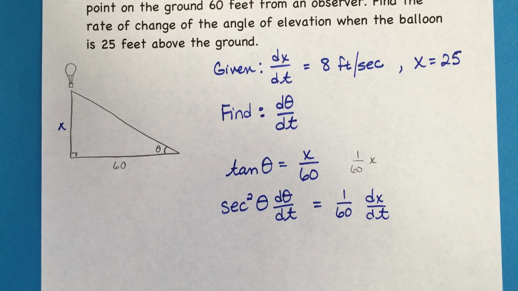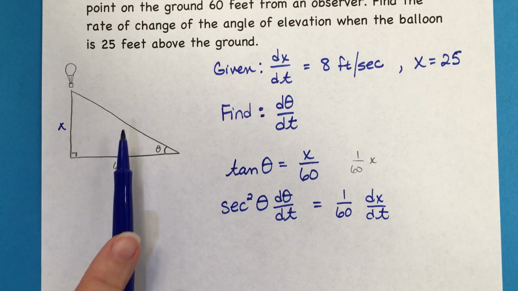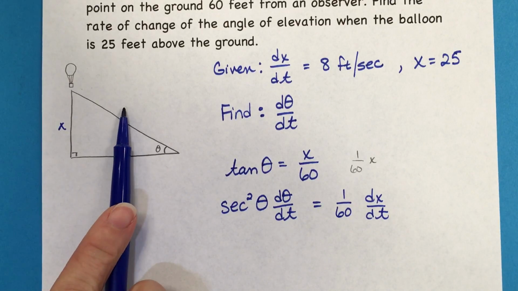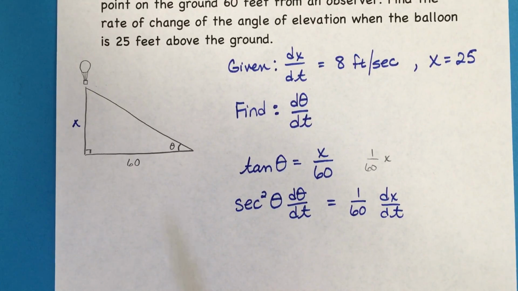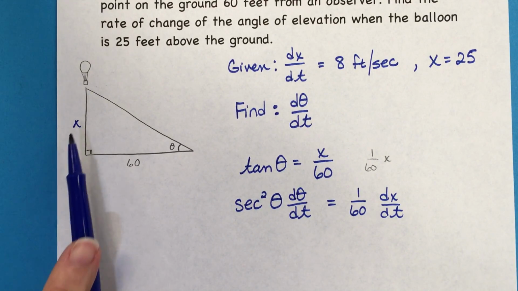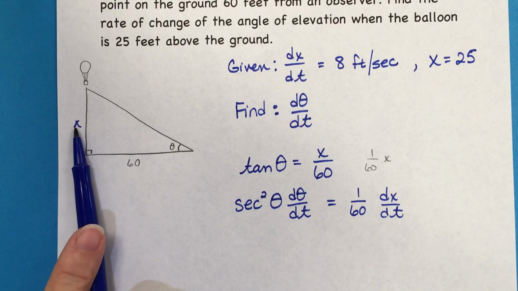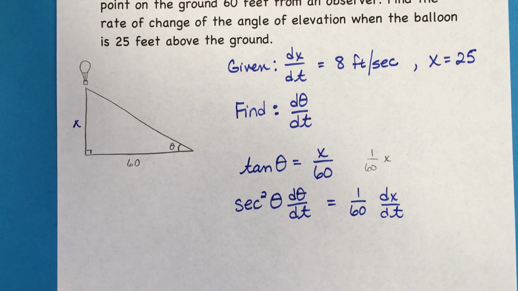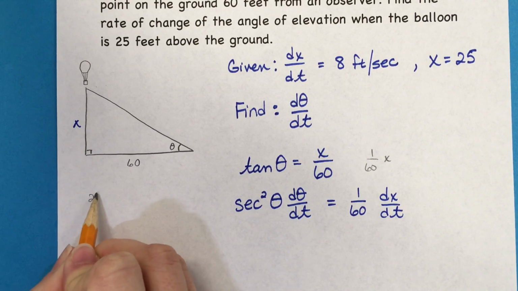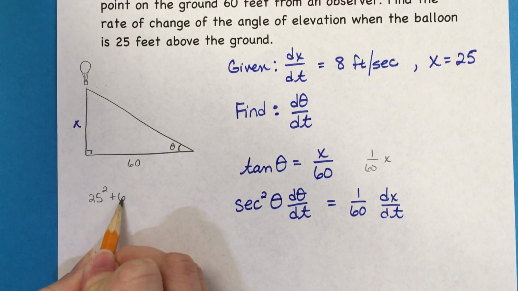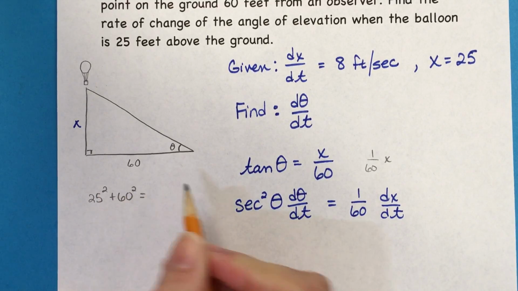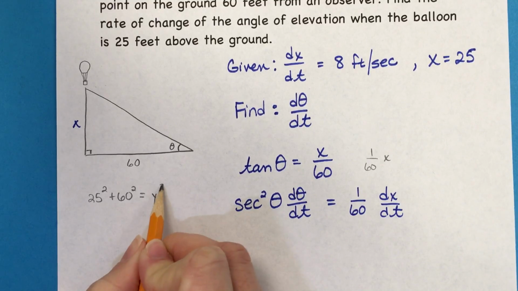All right, what you're going to want to do is actually find the third side here, your hypotenuse. What are all the numbers when this vertical side reaches exactly 25, okay? So using my Pythagorean theorem, I would have 25 squared plus 60 squared is equal to, and we'll just call that side y.